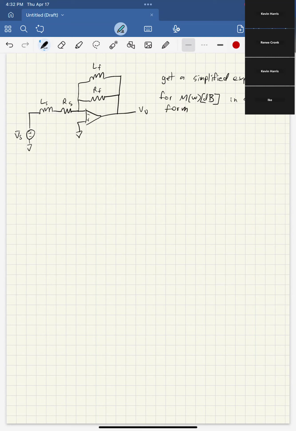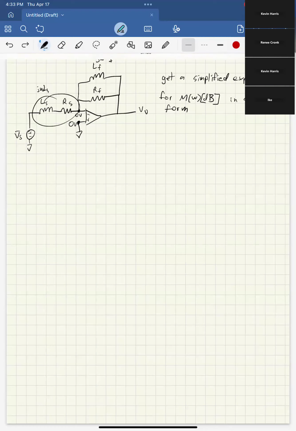Before we do anything, we remember that we are doing an op amp. So this is 0 volts, this is 0 volts. That makes our lives easy, right? This is j omega L_S, and this is R_S, and this is j omega L_F. It is better to combine these.